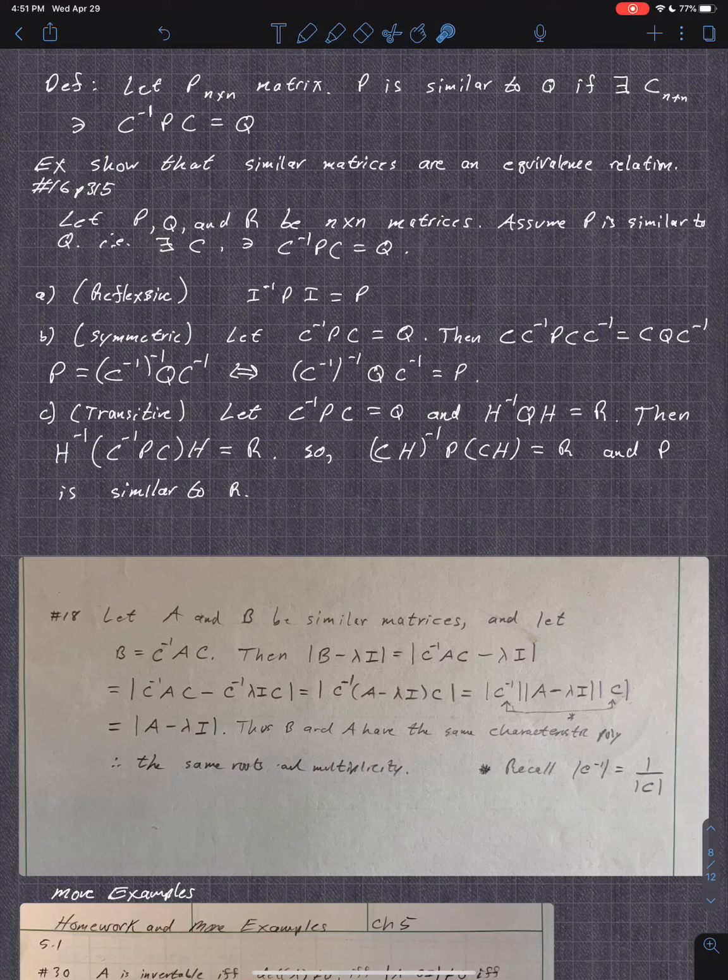Q's here, so C and C. So then this is just P on the right-hand side, and then it's C, Q, C inverse. But C inverse inverse is what? C inverse inverse is C. That's what makes this work.